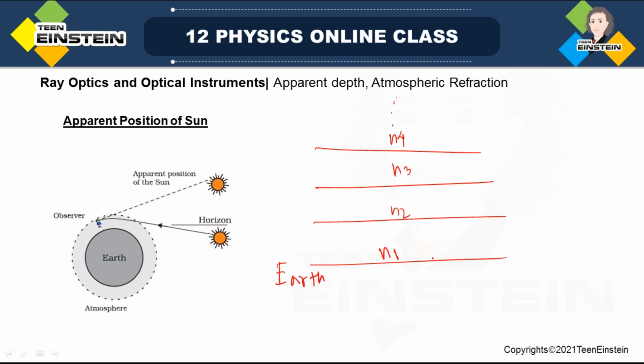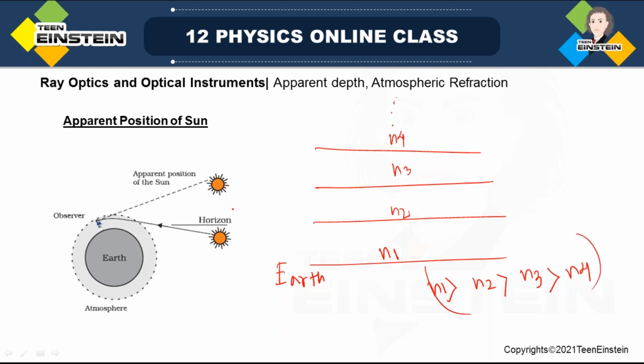That means the refractive index near the earth surface is greater than the next layer, and it will be going like this. The refractive index will be decreasing as you go higher and higher in altitude. So this thing you should remember.